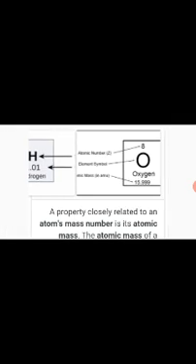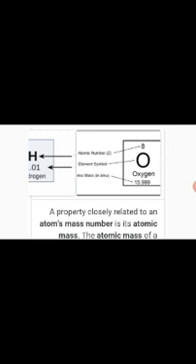Mass number is protons plus neutrons, so 15.999, almost 16, is the sum of protons and neutrons.